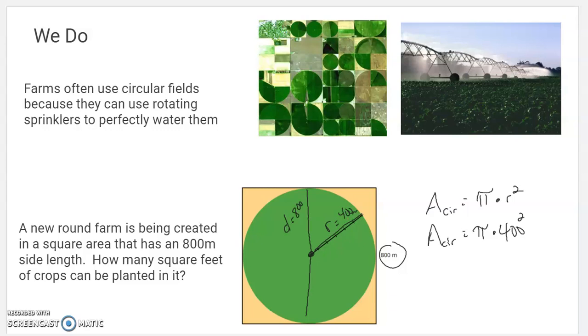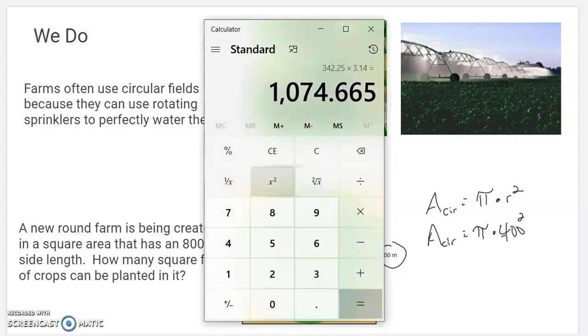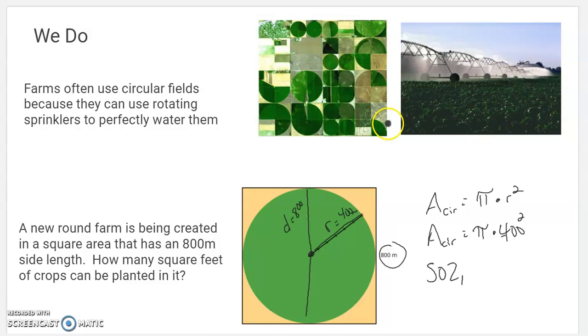That's 400 times 400, which I need to know. Could have done that in my head, actually, but I didn't. It's about 160,000 square meters, and that square made by the radius would fit in there pi times. So nice big farm. Going to have about 502,400 square meters. You can fit a lot of crops in a circle like that.